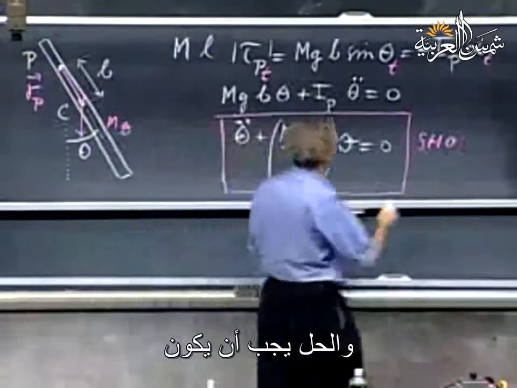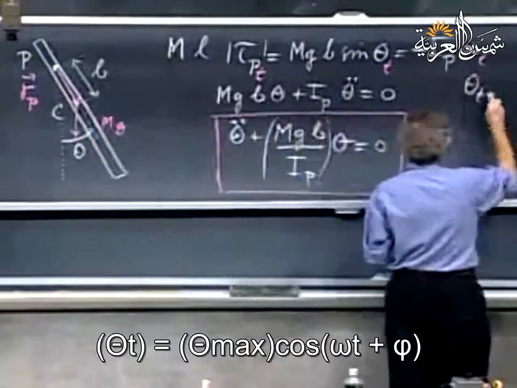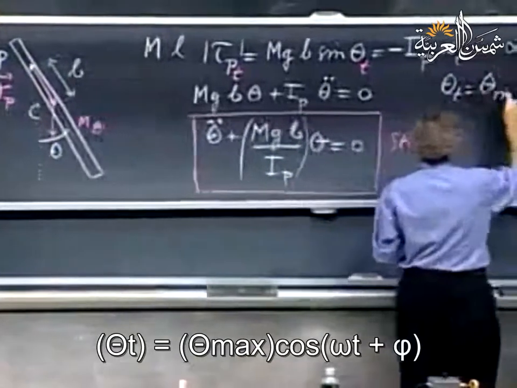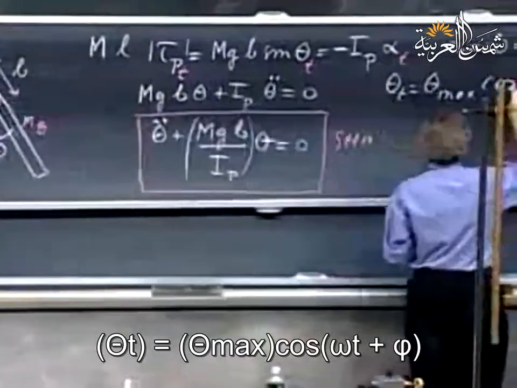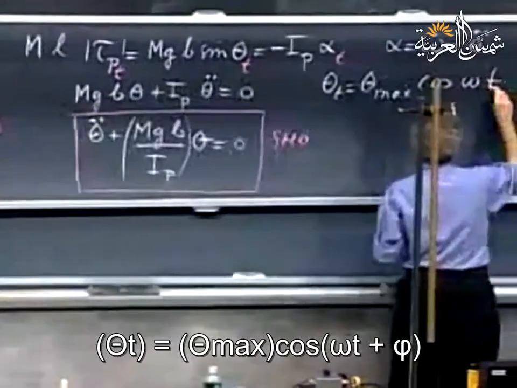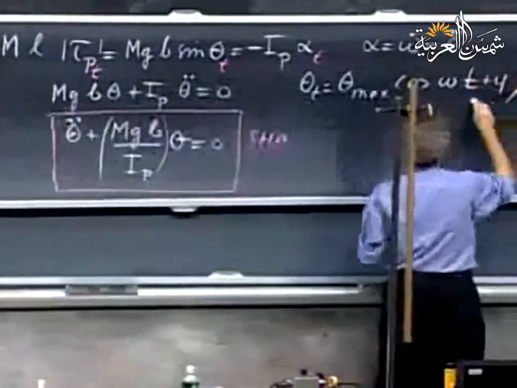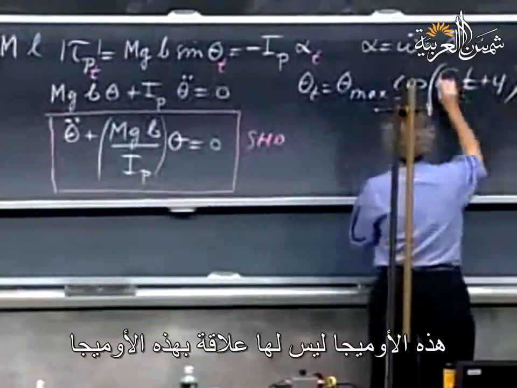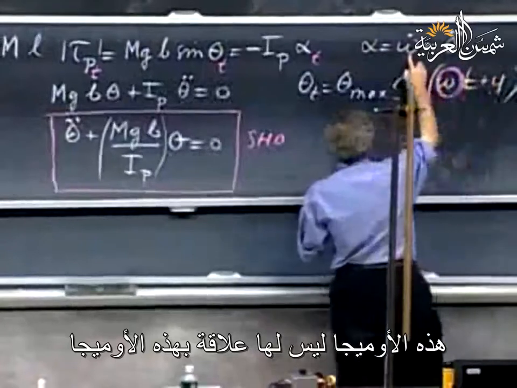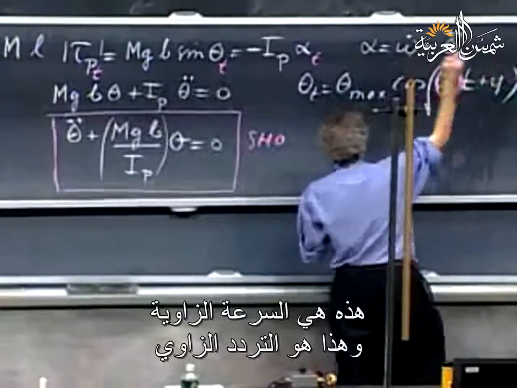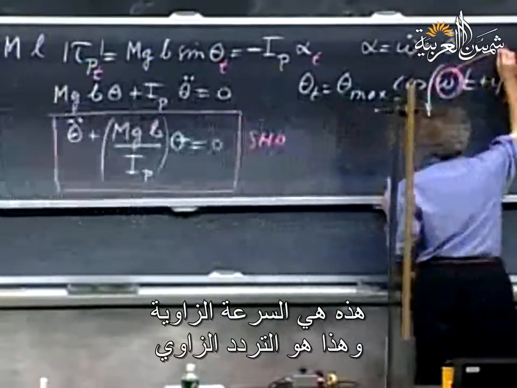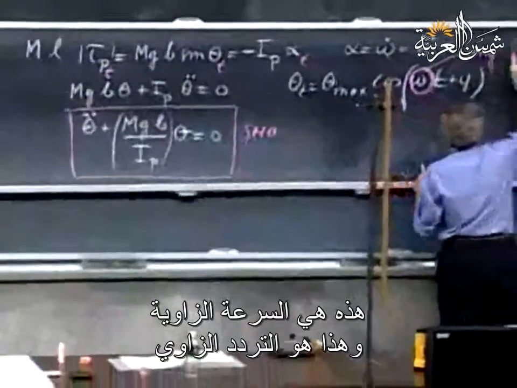And the solution must be that theta in time must be some maximum angle times the cosine of omega t plus phi. This omega has nothing to do with that omega. This is angular velocity, and this is angular frequency.